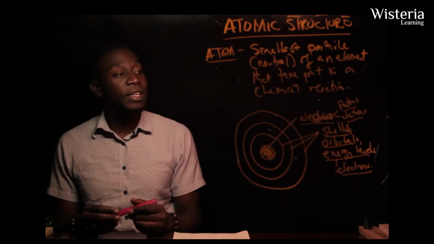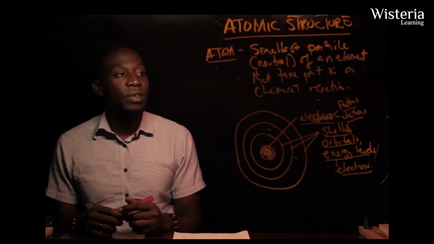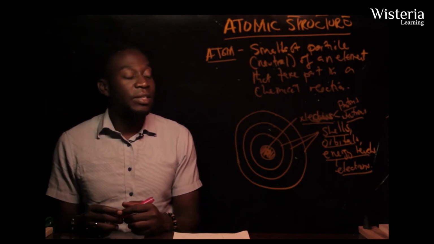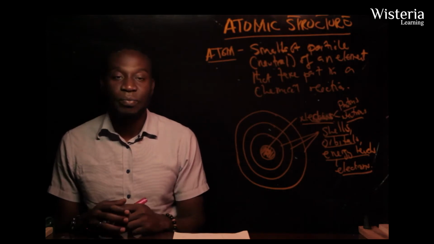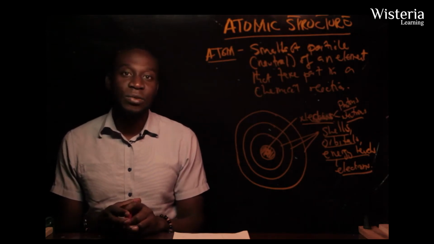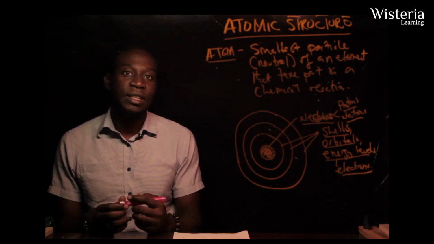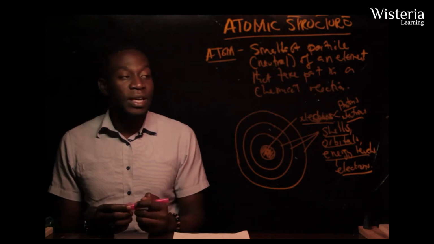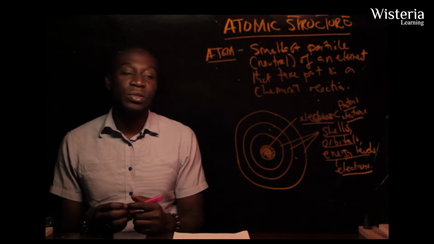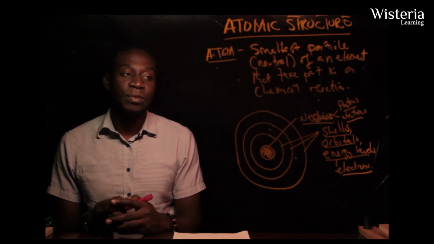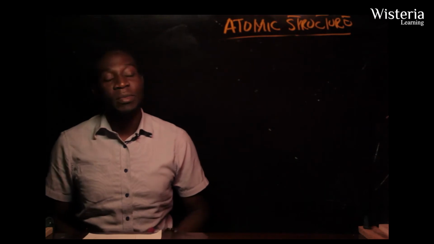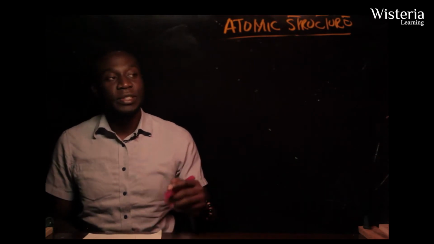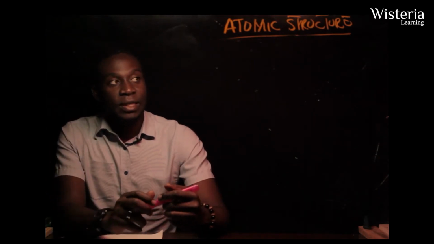The protons and the neutrons are responsible for the mass of an atom, while the electrons are responsible for the chemical reactions of the atom. Meaning that for any chemical reaction to occur, the electrons must be present because they are the ones involved in chemical reactions. So we have seen the structure of an atom: the nucleus contains protons and neutrons, while the shells contain electrons.